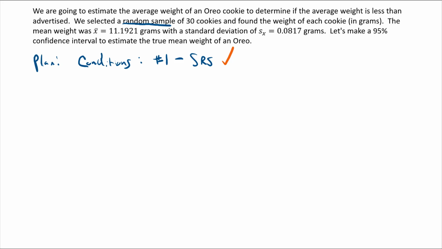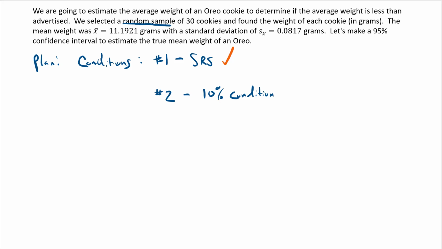Our second condition, we want to find out if we pass the 10% condition. This allows us to use the actual formulas to do our calculations, so this has to check off.